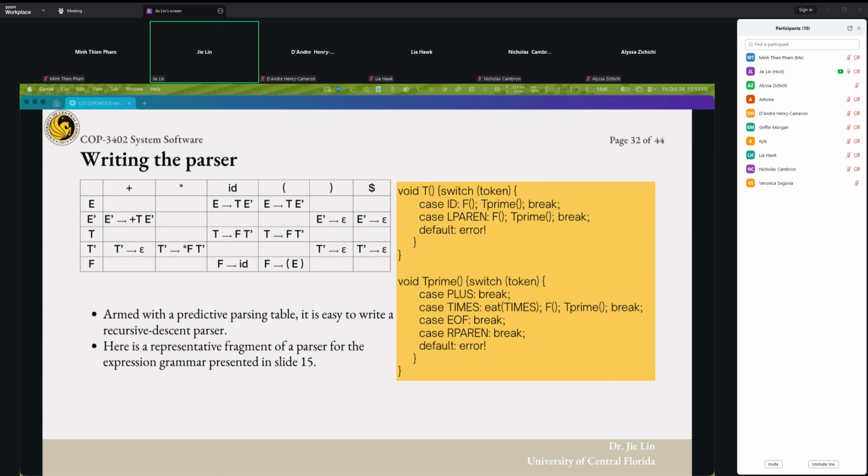Now, what do you have to understand here? You may see a question in the final: what you are implementing right now in homework 3, what is its type? Recursive parser or non-recursive parser?